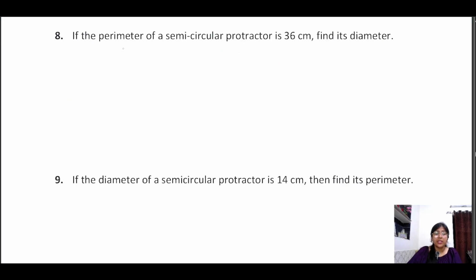Now the next question is, the perimeter of the semicircular protector, 2r plus pi r, is given as 36. They are asking to find its diameter. Diameter means d. How to find d?